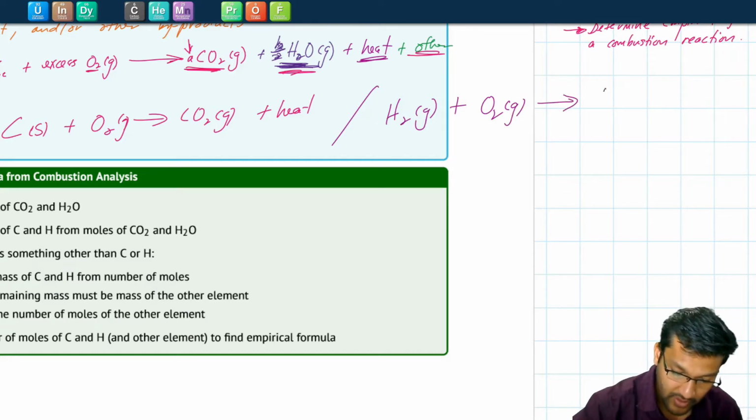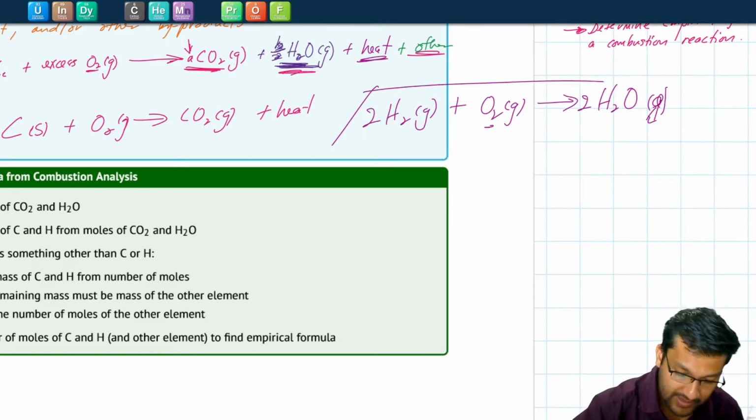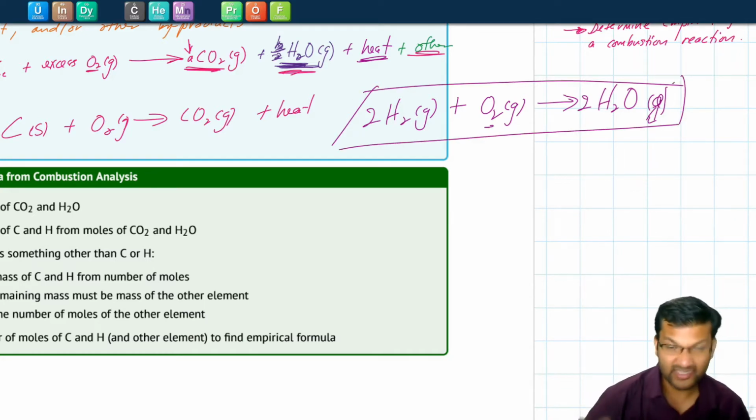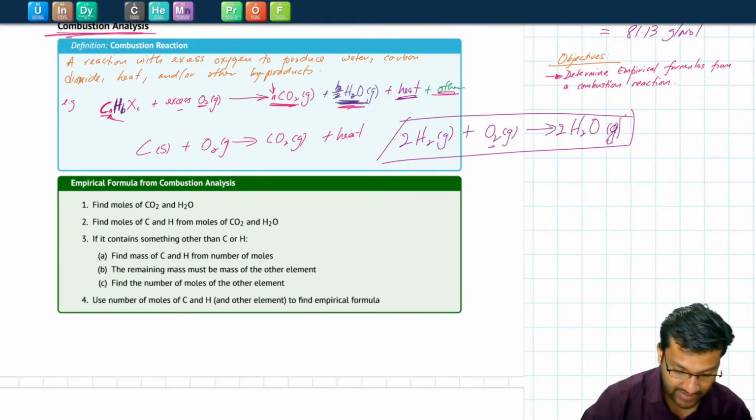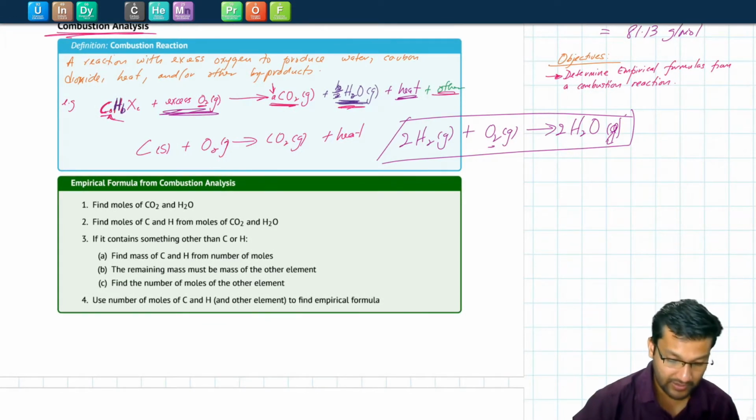You'll form just water vapor gas, there we go. And to balance this all out, there's 2 oxygens there, so we'll just have something like that. We'll look at balancing in our next chapter, so don't worry too much about that. But combustion reaction, just think of it as reacting anything with excess oxygen. You typically form carbon dioxide, water, heat, and other stuff.